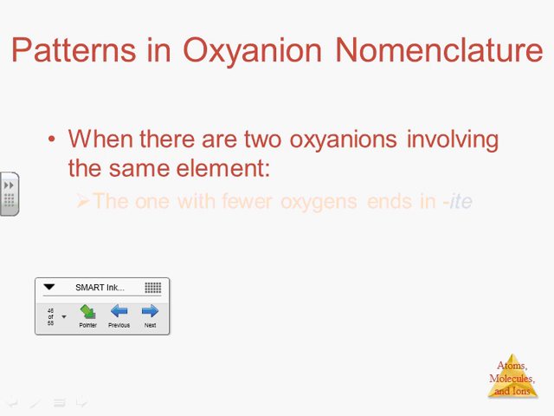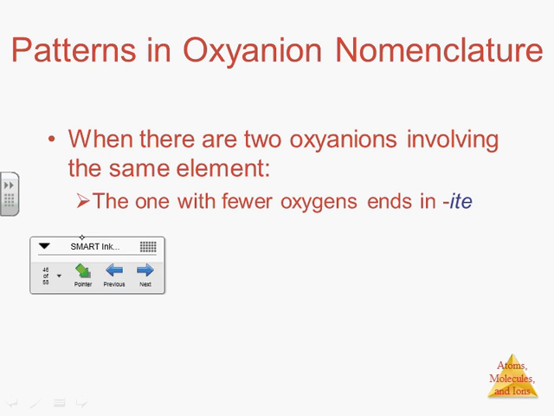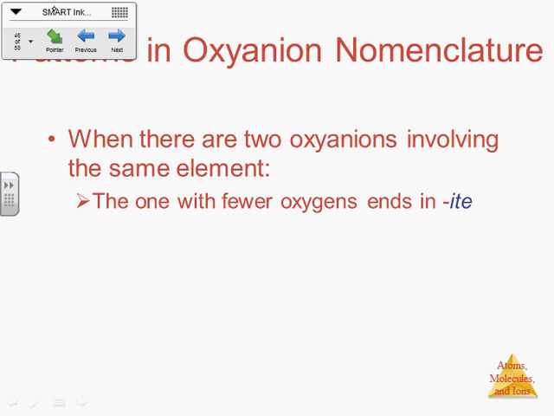So, patterns in oxyanion nomenclature. Now, those of you who had Ernst, you may have talked about oxyanion. I don't think I mentioned that term in my class. But an oxyanion basically is just an anion that has oxygen in it. Kind of makes sense, right? Oxyanion.